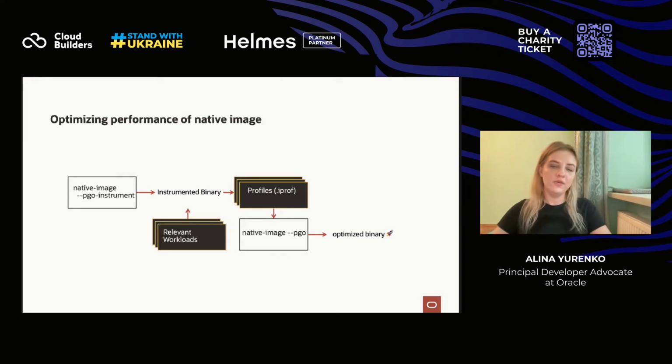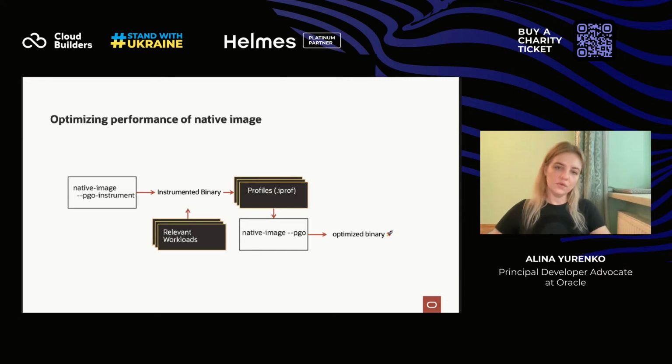And one thing you can do is use so-called profile guided optimizations. So the reason, for example, running on JIT is so great, right, is because when you're running on a JIT, so executing your code dynamically, the JVM is collecting profiles, and based on these profiles, it adapts and executes your application accordingly.